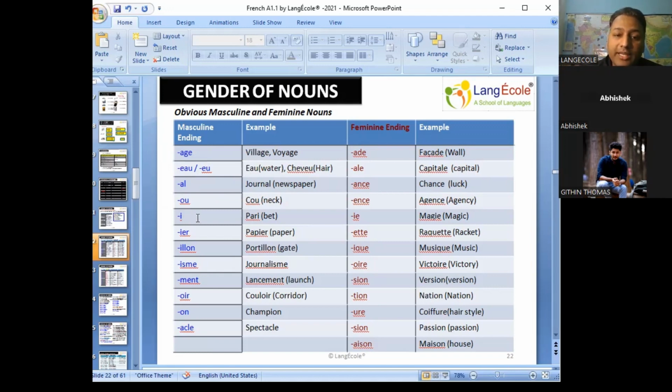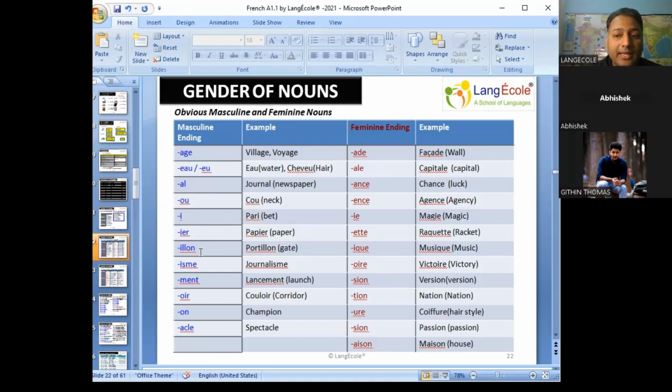I ending, only I, not I plus E. In French, an E ending will again be masculine. ER, IER ending, papier, these are again masculine.